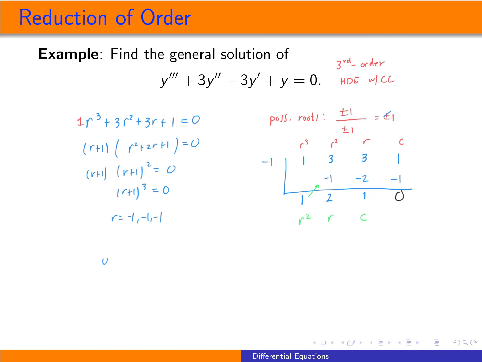So our general solution will have 3 terms. Our linearly independent solutions will be e to the minus t. For that next repetition, it will be t e to the minus t. And finally, for the third repetition, it would be t squared e to the minus t. 3 linearly independent solutions. So we combine these together appropriately with constants, and we have the general solution.